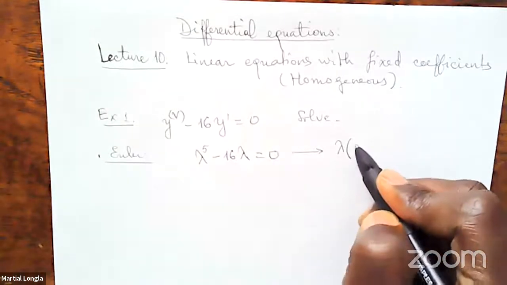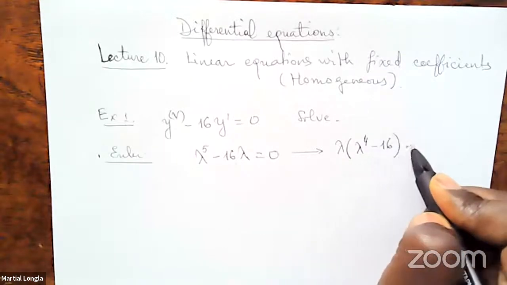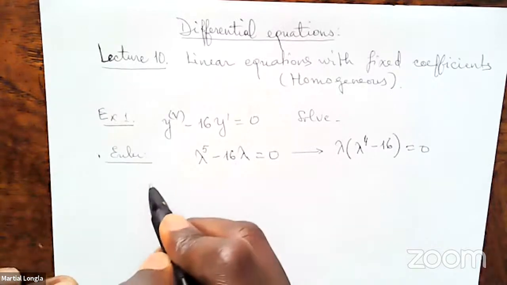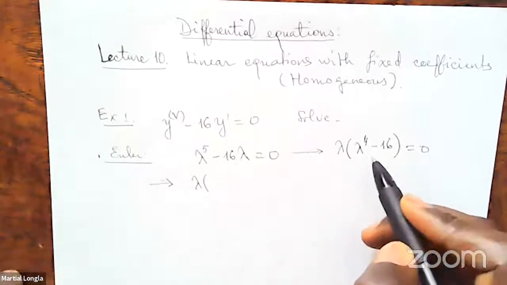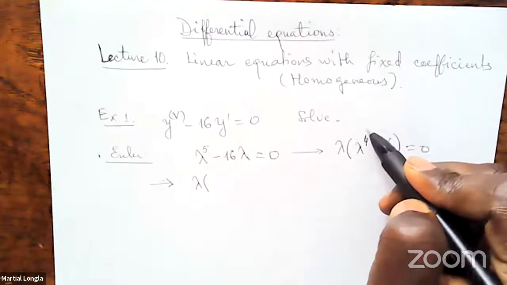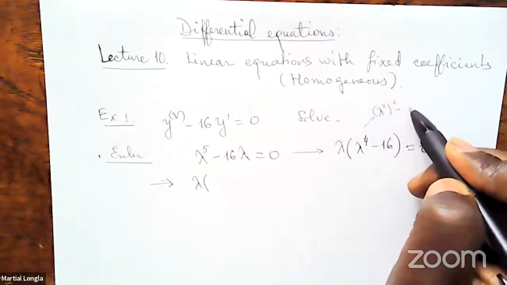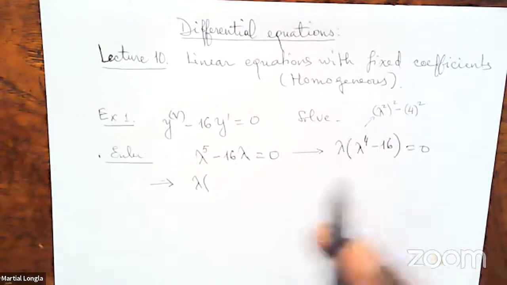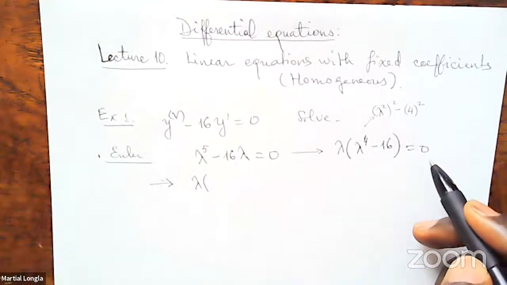So here I remain with lambda to the fourth minus 16 equals 0. Now, next thing is I can continue to factor this. This is like a squared minus b squared. So that's right here, lambda squared squared minus 4 squared.